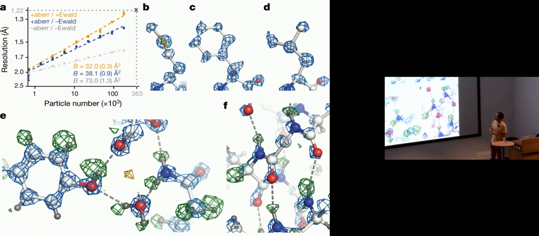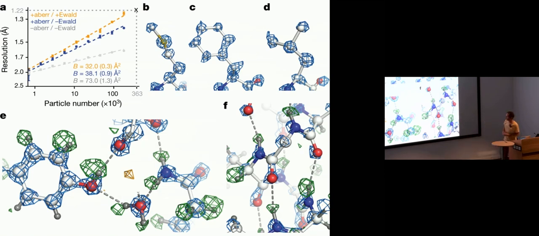So if you don't do optical aberration corrections nor Ewald sphere correction, then you have a B-factor of 73 squared angstroms. If you do the optical aberrations, you can bring that down to 38. And if you also do Ewald sphere correction, you can bring that down to 32. And that meant that combining all the 360,000 images that we had, you'd be able to reach the 1.2 angstrom resolution, which is indicated with the little black cross all the way at the top there.